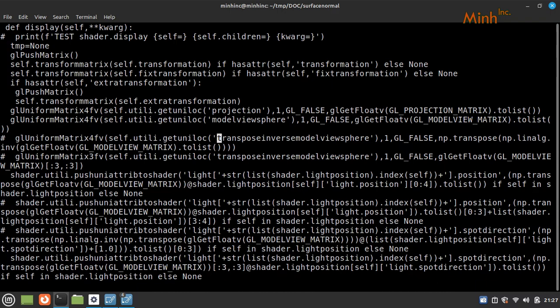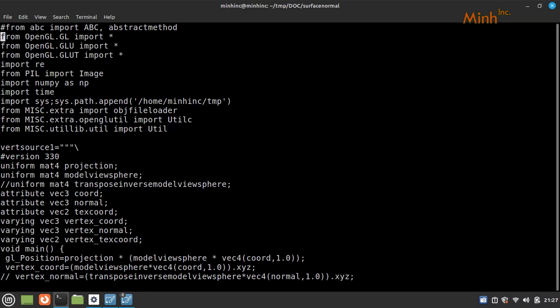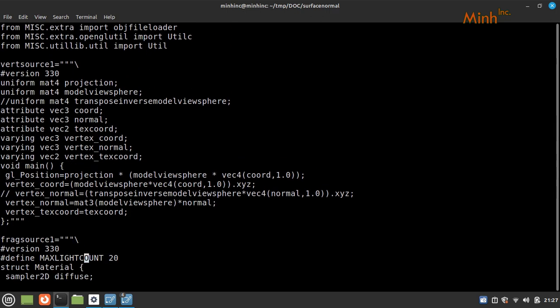Transpose and inverse are calculated as transpose and inverse of the model view matrix that is passed to the transpose inverse view. This much calculation we don't need. If I have plain model view space, there are 3 things: coordinate, normal and texture coordinate. So coordinate gets transformed by model view matrix, whereas normal gets transformed by transpose inverse of the model view. We don't need that.